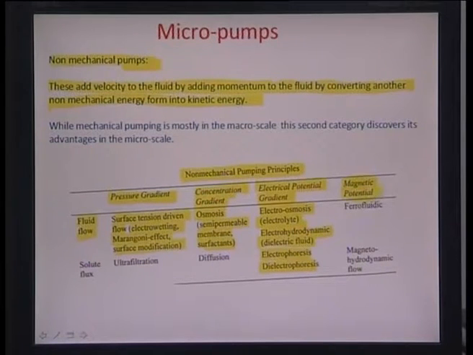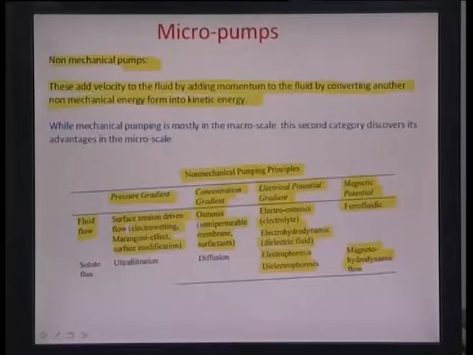Then you have magnetic potential driven micro pumps like ferrofluidic pumps or magnetohydrodynamic pumps. Essentially here, as you will later see, there is an oil emulsion of ferrous particles which act as a plug and can be moved as a piston for driving ahead the meniscus of fluid.